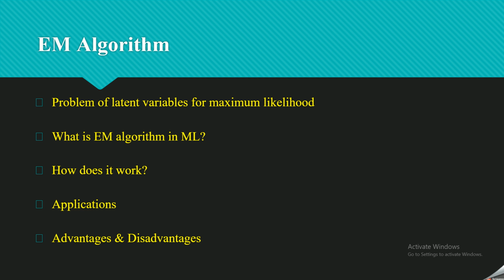What is the EM algorithm, that is, the expectation maximization algorithm in machine learning? How does this algorithm work? Applications of the EM algorithm, followed by advantages and disadvantages of the EM algorithm.